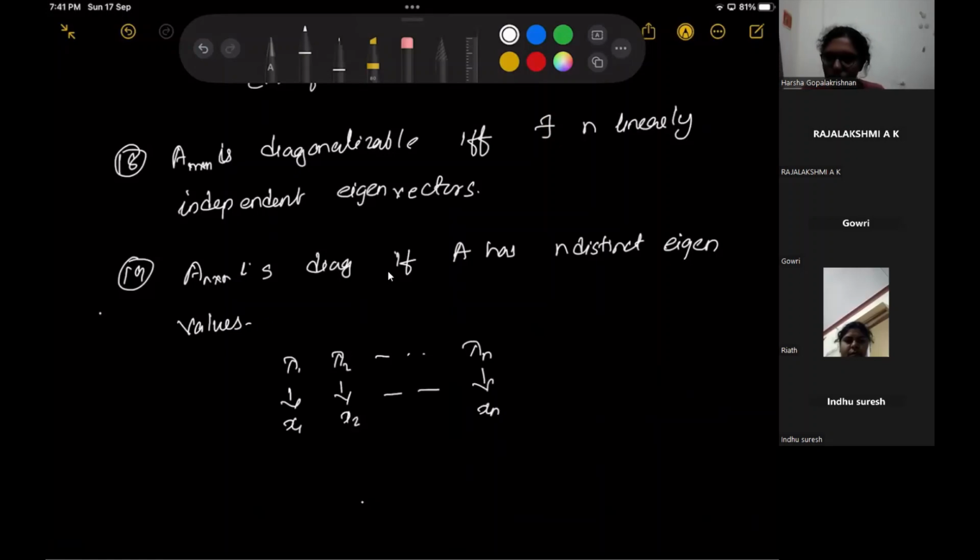Obviously, these correspond to distinct eigenvalues, so these will be linearly independent. So we have n linearly independent eigenvectors, and using the previous condition, A is a diagonalizable matrix.